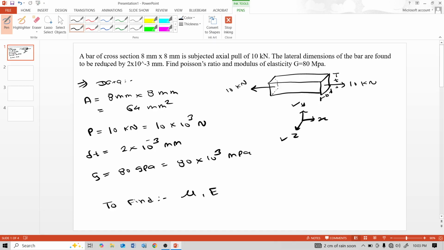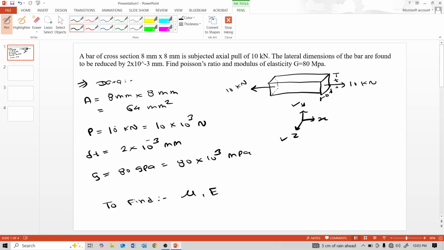understand the numerical. A bar of cross section 8 mm by 8 mm is subjected to axial pull. The lateral dimensions of the bar are found to be reduced by 2 into 10 raised to minus 3 mm. Find Poisson's ratio and modulus of elasticity. They have given us in the numerical: shear modulus is 80 MPa. Area of that cross sectional bar is 64 mm square.